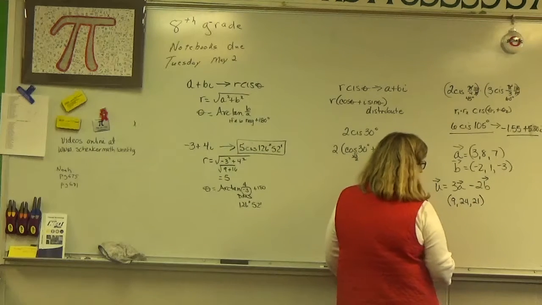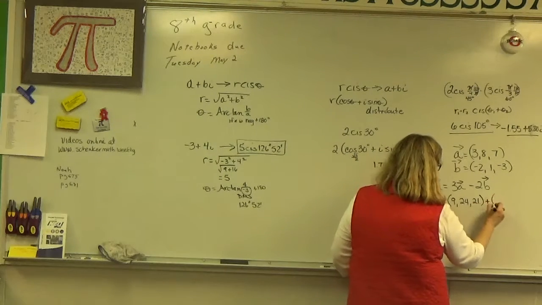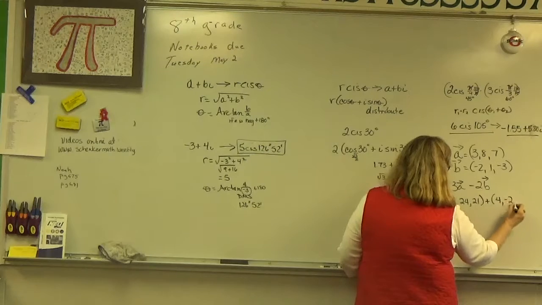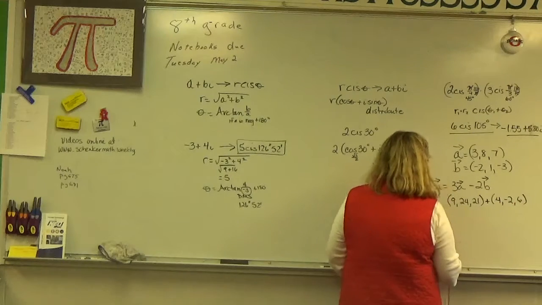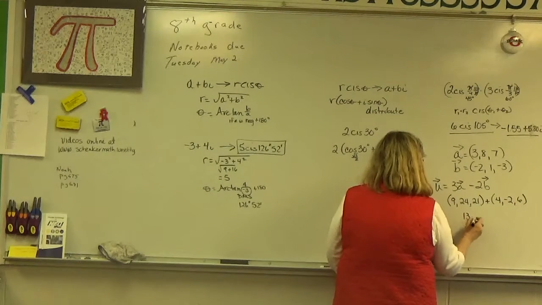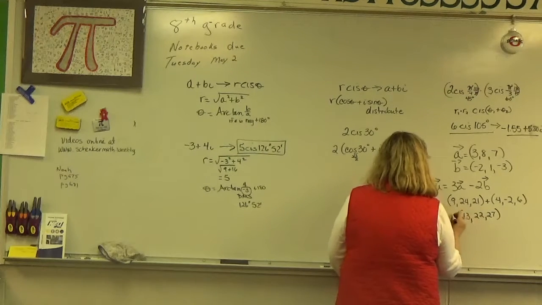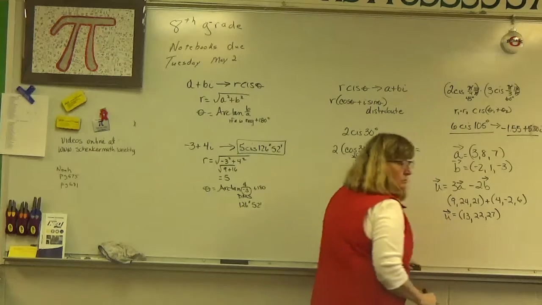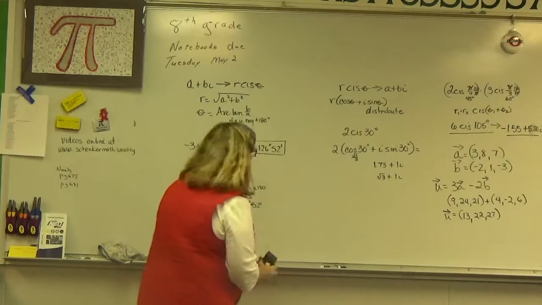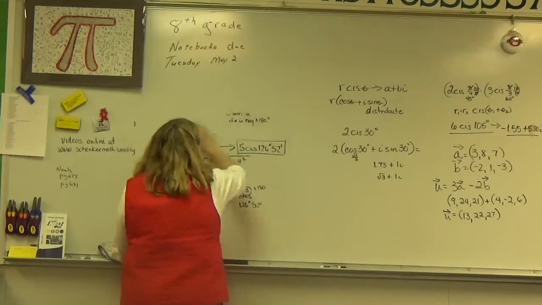And then you take the b points times the negative 2 and add. Now what do those add up to be? 13, 22. Okay, are we good there? Yep. What's next?